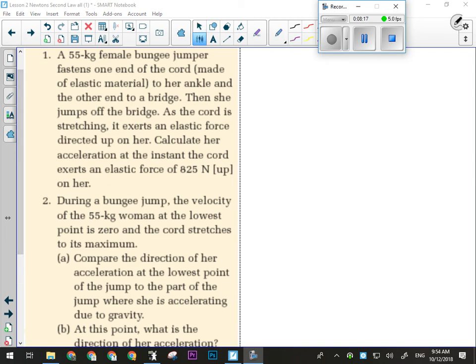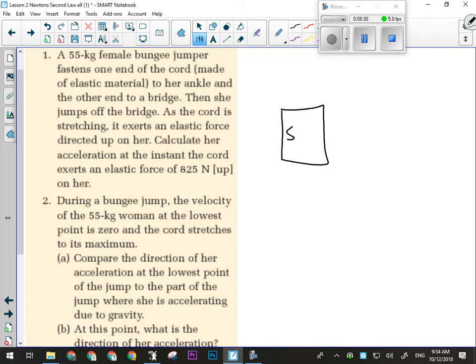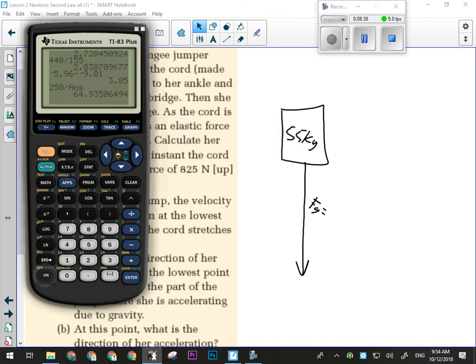Okay, so a bungee jumper is still an elevator. We have an object that is moving vertically. There are forces acting on it. One of those forces is gravity. The other force is the bungee cord. So what we have for a free body diagram is our 55 kilogram jumper being pulled downwards by the force of gravity, which we can calculate because this time we know the mass.